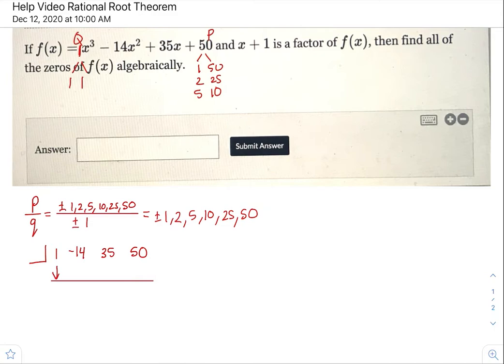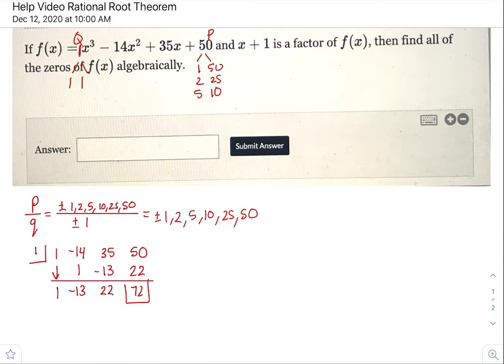So if I selected 1, 1 times 1 is 1. Add those together, negative 13. Negative 13 plus 1 is negative 13. 35 plus negative 13 is 22. I'm going to stop right there because I know if I continue on, it's not going to be 0.